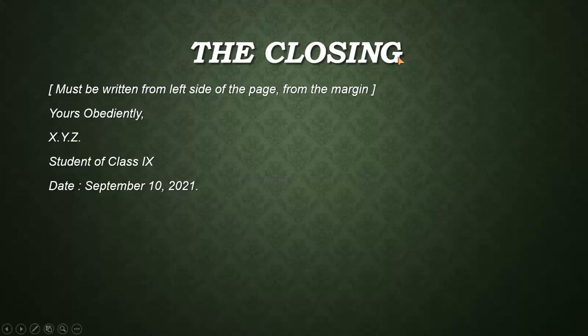Now there are some other kinds of applications in which we can apply for a job, for different reasons, or for different kinds of jobs. We will do some practice of those applications as well.